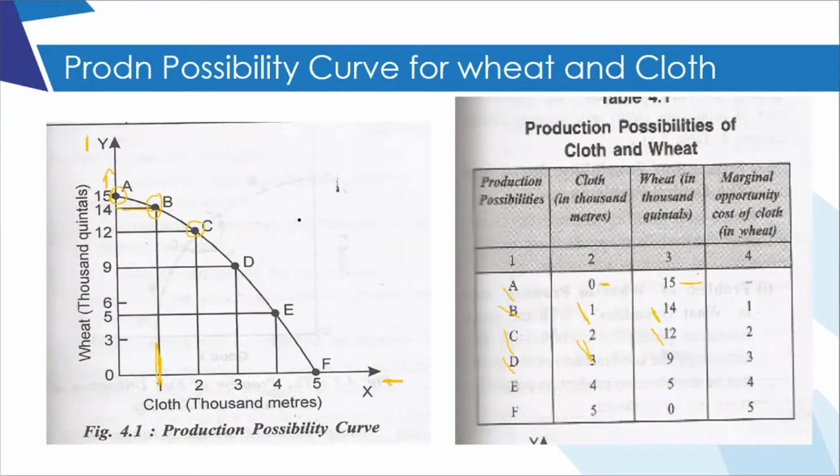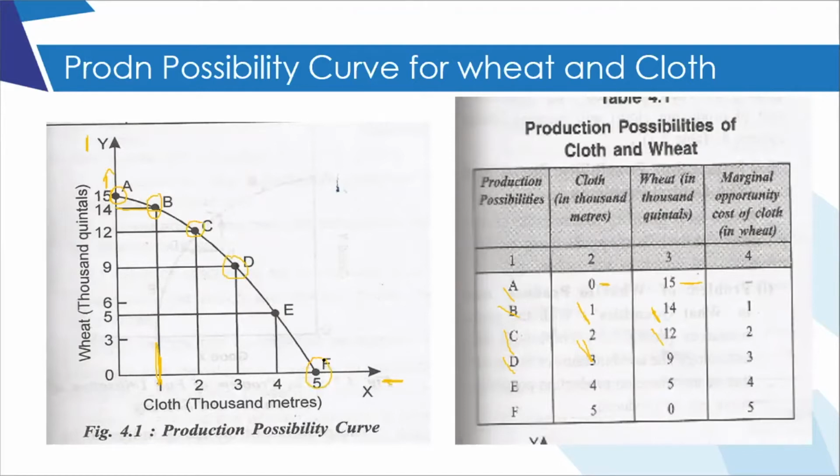Then D point. D point is where your cloth is 3, that is 3000 meters, and the production of wheat has come down to 9. Can you see it here? Yes, ma'am. And the last point you get as F, when your cloth is 5.